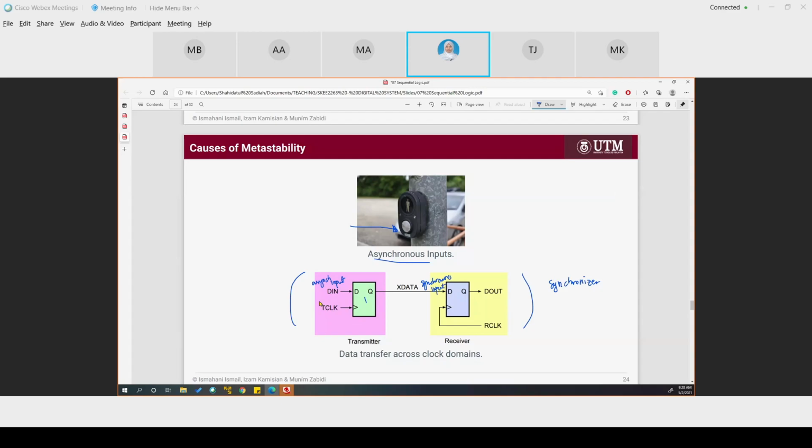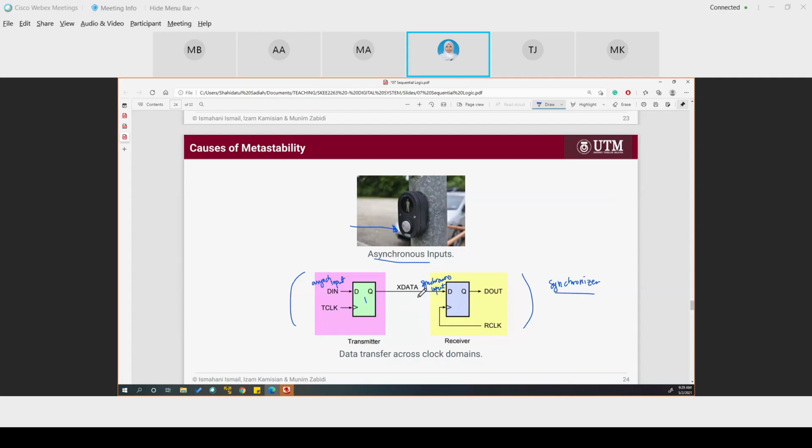So that's why, I'm not sure if you have experienced this or not, when you push the pedestrian button, the traffic light does not change directly. You will have to wait sometimes, and then the traffic light will change for you because of this synchronizer. The synchronizer will hold the asynchronous input, which is the button push, for a certain time, until it's the correct time for the traffic light to synchronize.